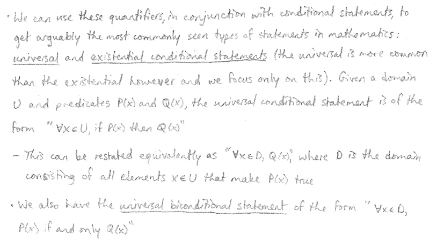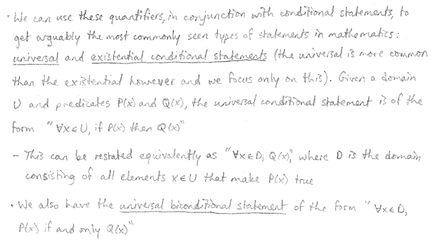The two most commonly seen types of statements are universal conditional statements and existential conditional statements as well. But out of those two, the one that's by far more common is the universal conditional statement. And for the most part, we're going to focus on this one here.